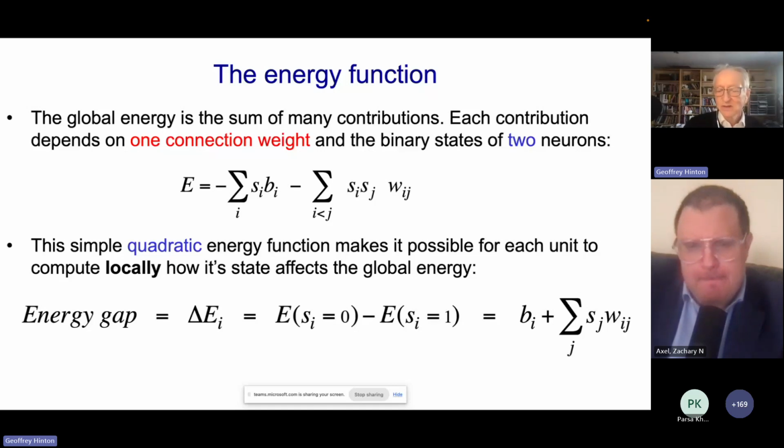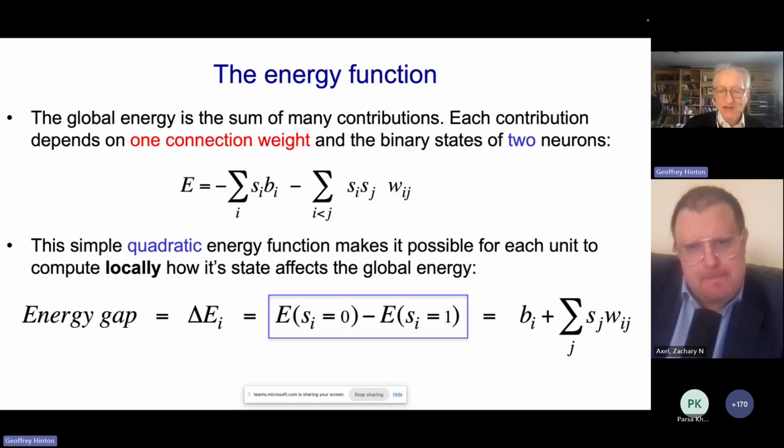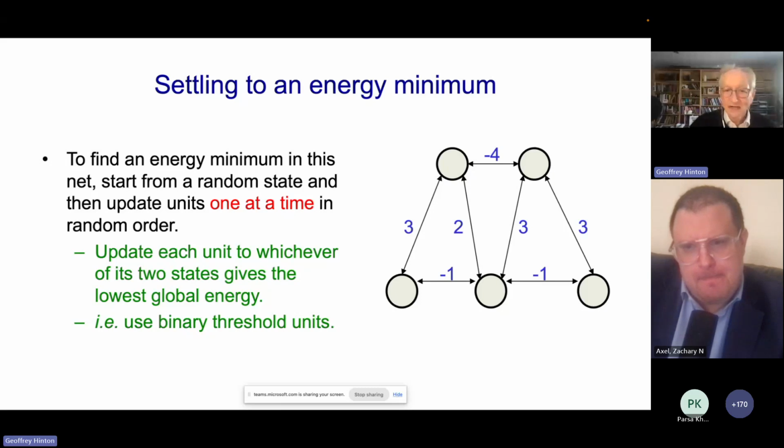And that, of course, is exactly what a binary threshold neuron computes. It adds up the input coming from all the other active neurons, the ones whose state is 1, adds in the bias, and then if that's above 0, it turns on, and if it's below 0, it turns off. And that's the energy gap, that difference in the energy depending on whether it's off or on. So here's a little example of a Hopfield net.